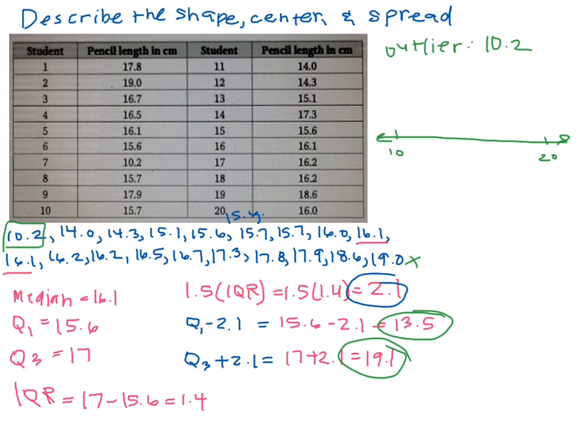They go up to 19. So my minimum is at 10.2. Quartile 1 goes from about 15 to about 17. The median is at about 16.1. And my maximum goes up to 19.